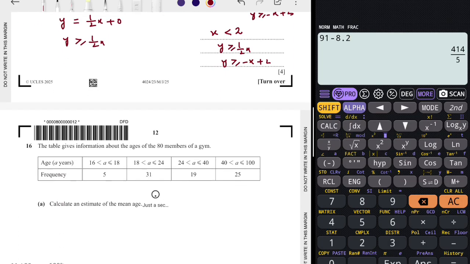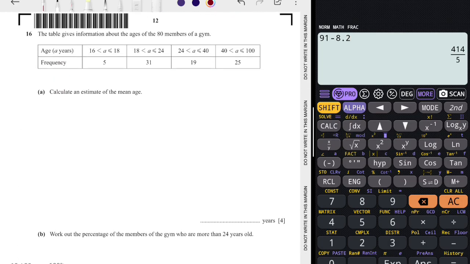Now next question. The table shows information about the ages of the 80 members of a gym. Calculate an estimate of the mean age. We know that mean is equal to sigma fx over sigma f. So first of all we need to find the mid value, that is x.